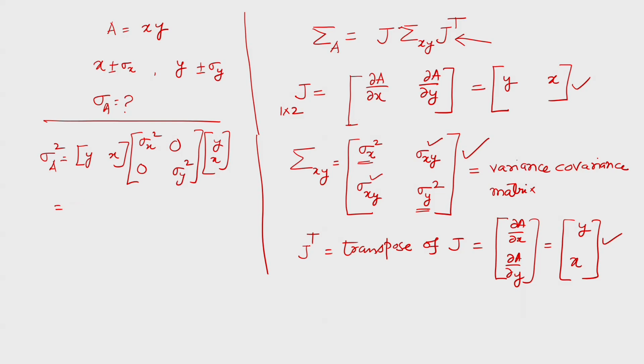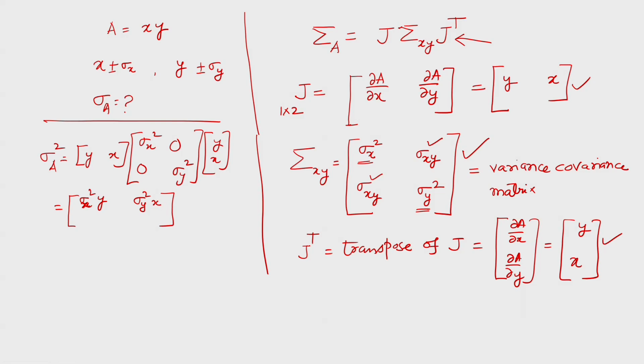Now, if I multiply, then what will I get here? Let us say if I multiply the first matrix with the second matrix, I will get sigma x square y here, okay, and then I will get sigma y square x here, okay.